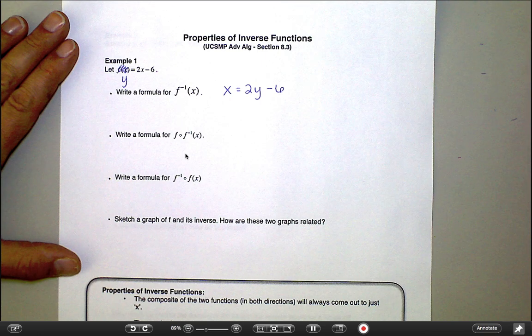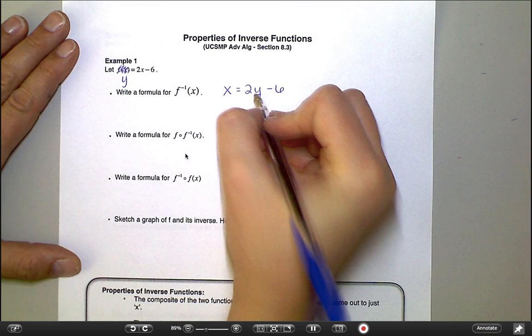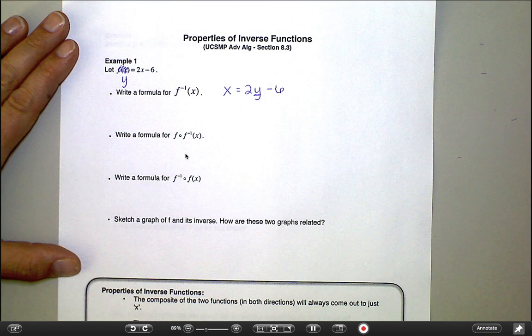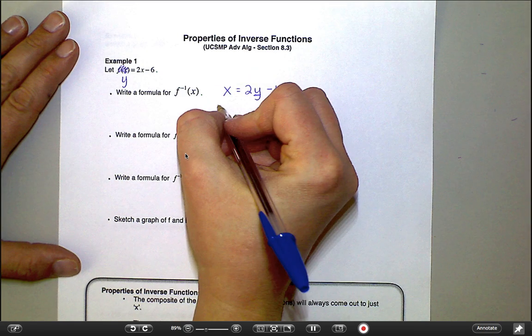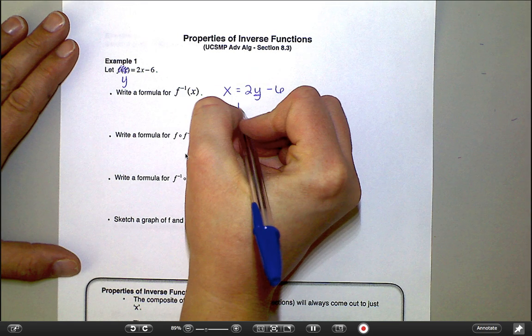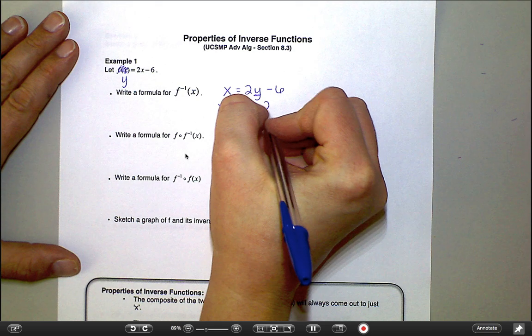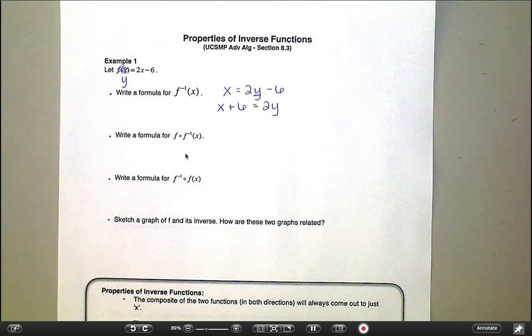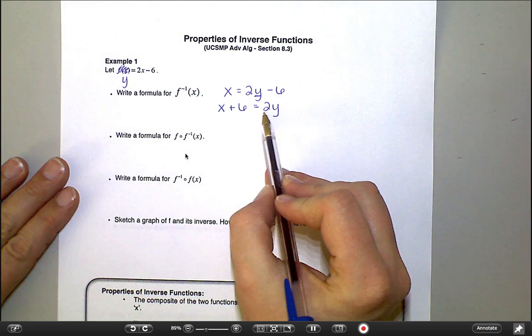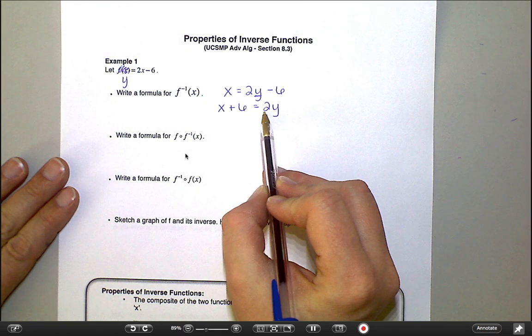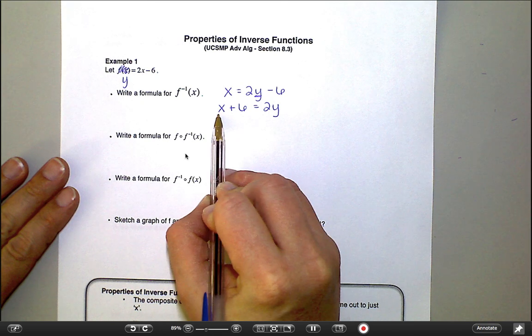And then you do want to make sure that you go back and solve for y, get the y back by itself. So I'm going to add the 6 to the other side, make this x plus 6 equals 2y. I think I may have even done this exact same example yesterday, so I apologize for my lack of creativity here. And then when I'm solving for that y, now I want to divide everything by 2, okay?